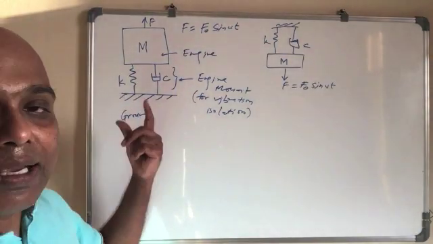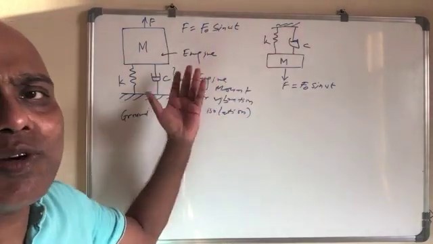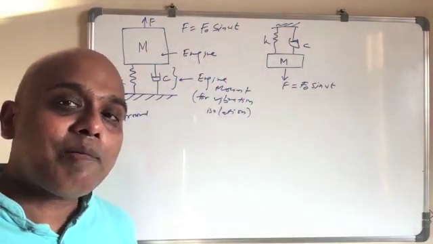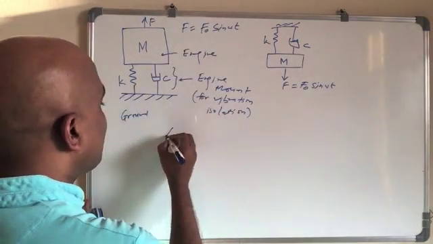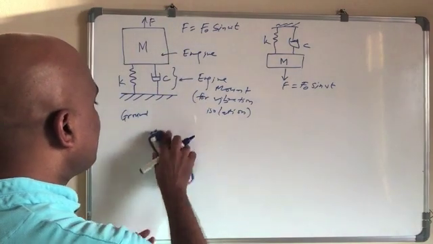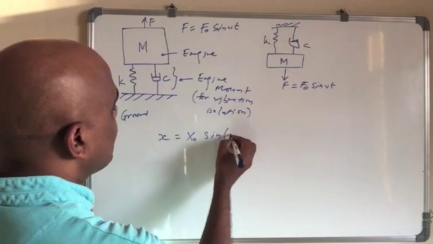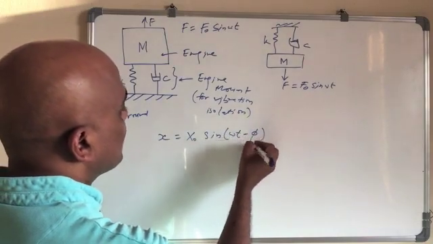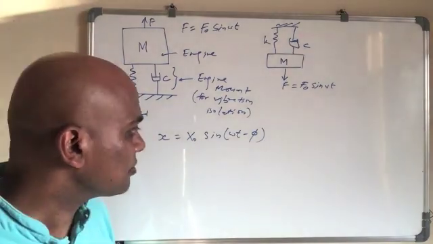Now we have solved, both are the same, right? There is no difference. We have solved already. So if F is like this one, we know that X, the displacement, is given by X equal to X naught sine omega t minus phi. That we know already. We have done it yesterday also.